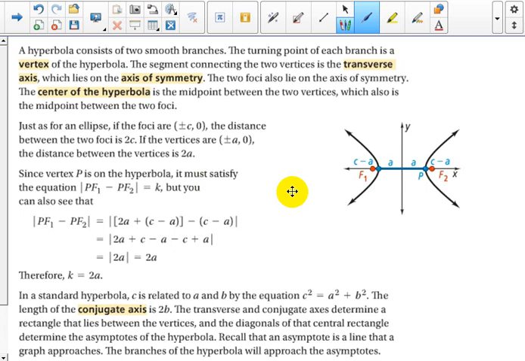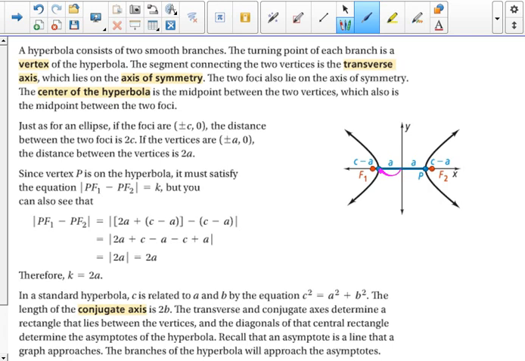The vertices are at positive, negative A, and 0. So that point right there is A, 0. And that vertex right there is negative A, 0. Okay, the distance between the two vertices is 2A.